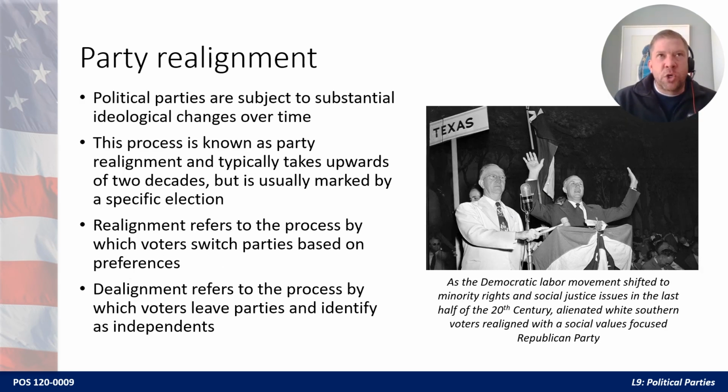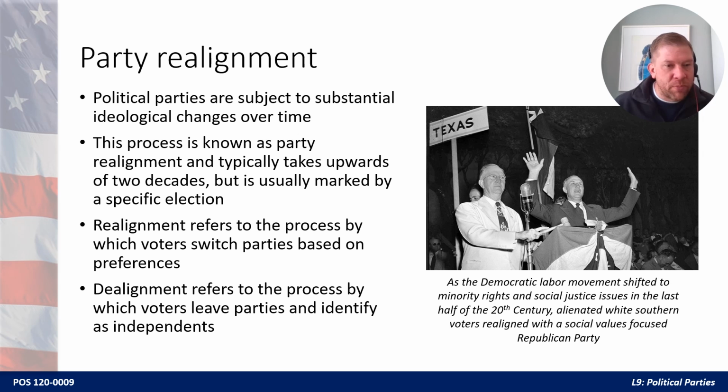Now, what I've been describing over the course of this lecture, of these parties shifting and adapting and voters moving around, when parties change, we refer to this as party realignment. Political parties are subject to substantial change over time, and it doesn't occur overnight. It builds over time. It typically takes about 2 decades, and it's usually centered around a specific election.